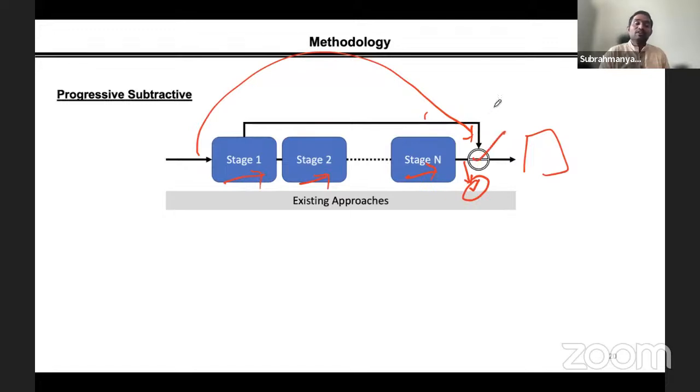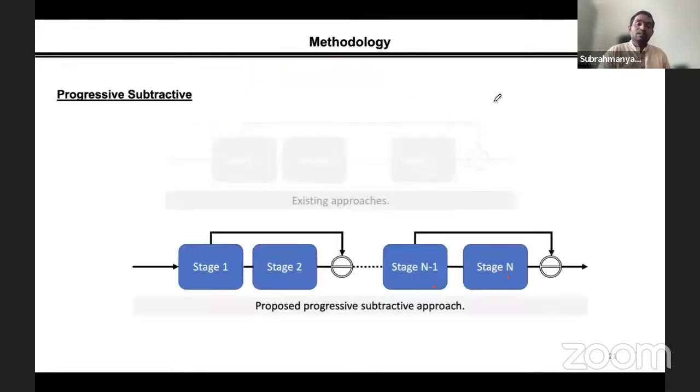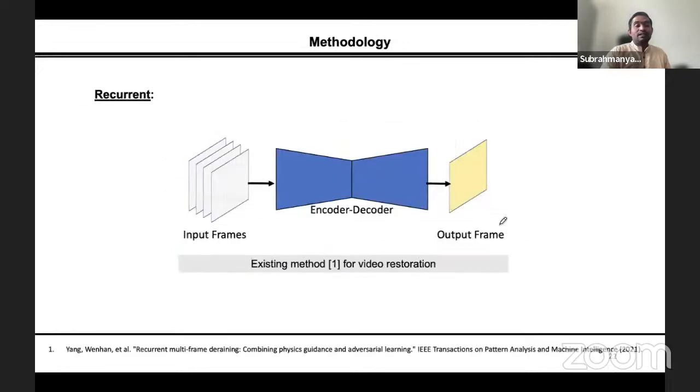We felt that if we apply this separation in between as well, subtract here, get the output, and process further, applying it n number of times, it progressively improves the visibility. This motivated us, and with this we developed an encoder decoder architecture for the rain removal problem, specifically video rain removal.